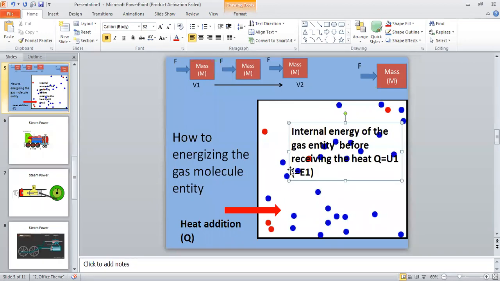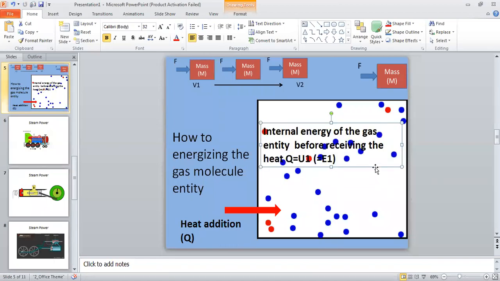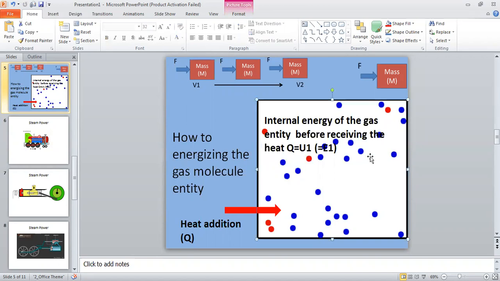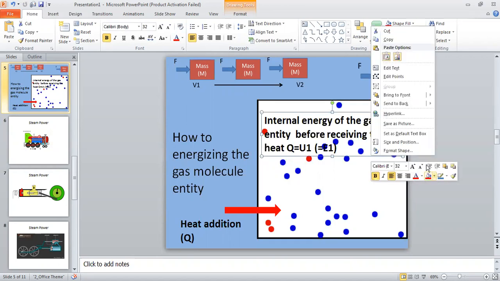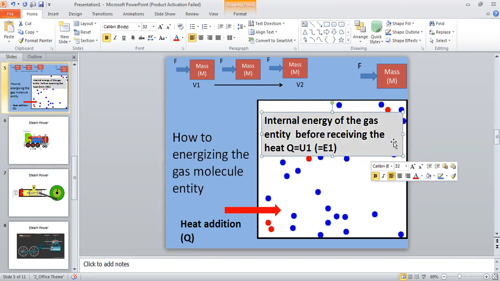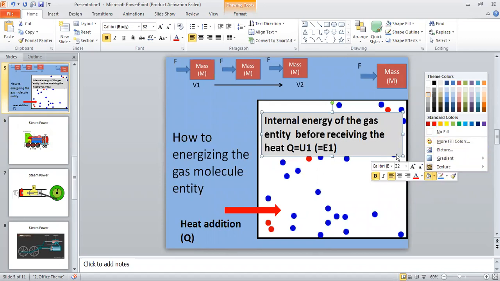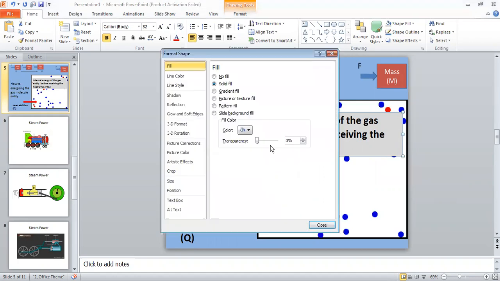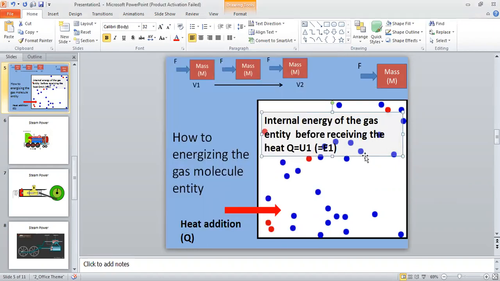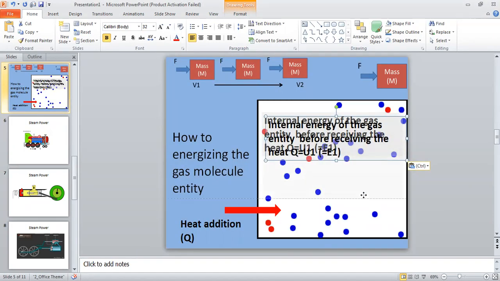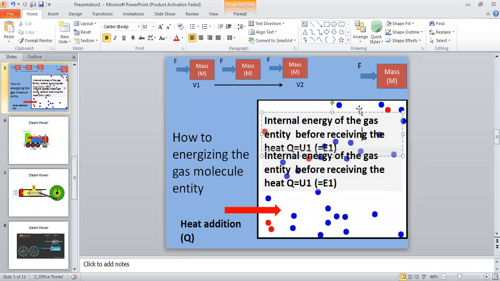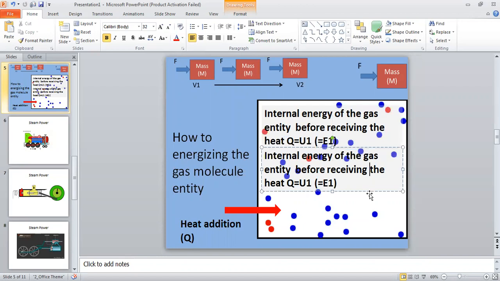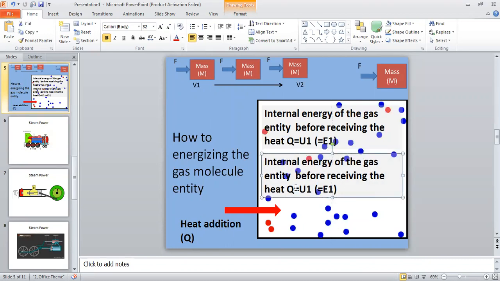And then after receiving, what happens? After receiving, just before and after.